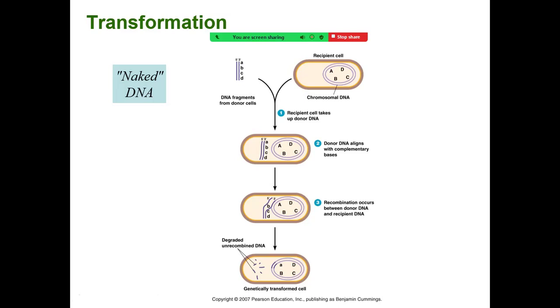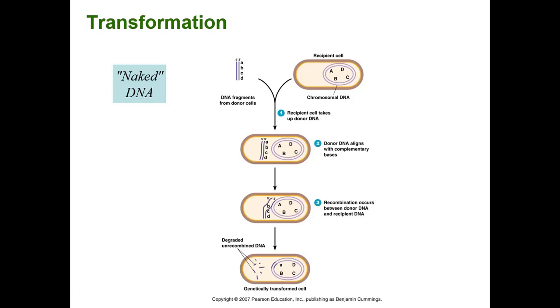This is important in the case that lowercase a would be something like a gene for antibiotic resistance. This cell has now acquired the gene for antibiotic resistance. The frequency of a cell acquiring a new gene by transformation is about 1 in 10 to the 5th, at least for a bacteria.